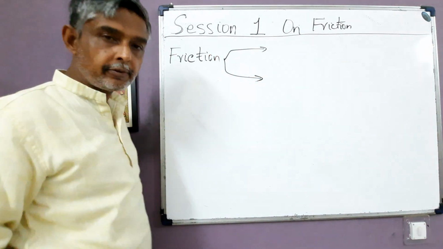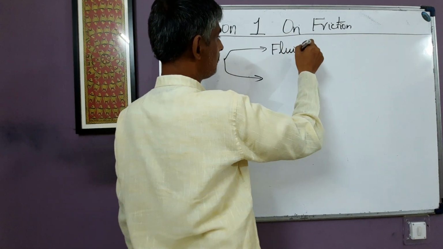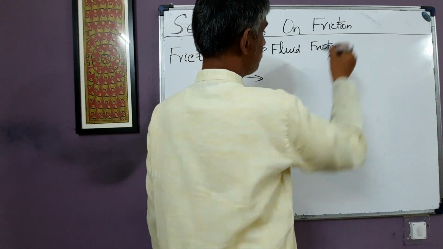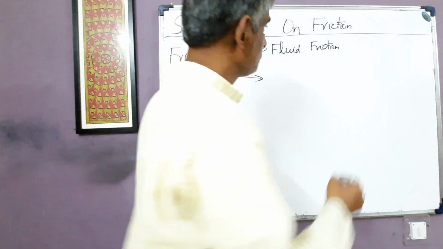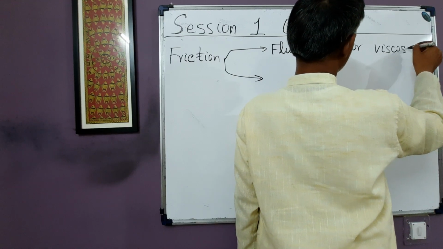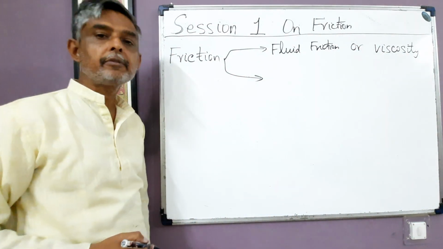One is called fluid friction or viscosity. And second is solid or dry friction.